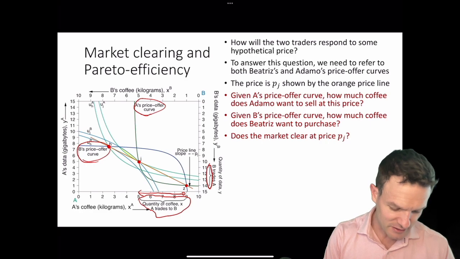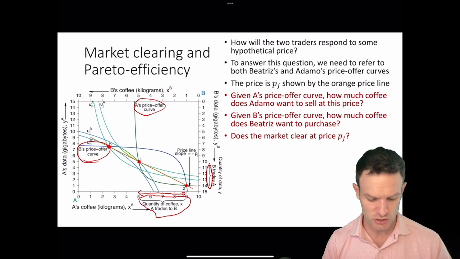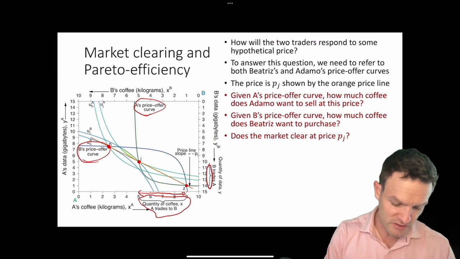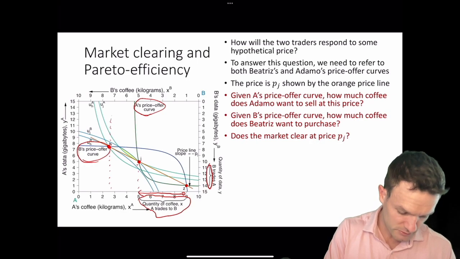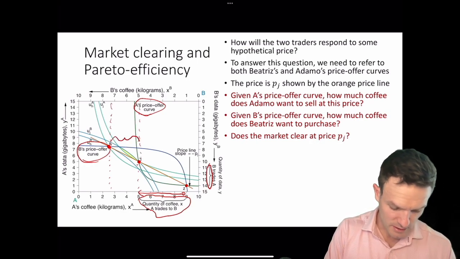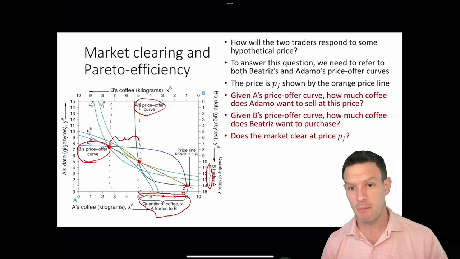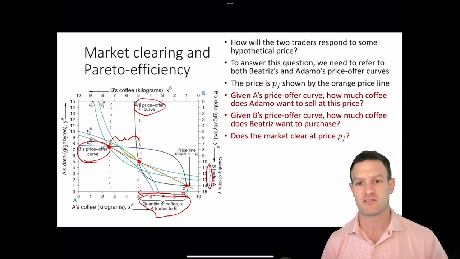But then we have for Beatrice this point over here, point H. Now notice that there is this additional horizontal distance, which we're just going to measure over here and going upwards, between what Beatrice would actually like to buy of X at that price.